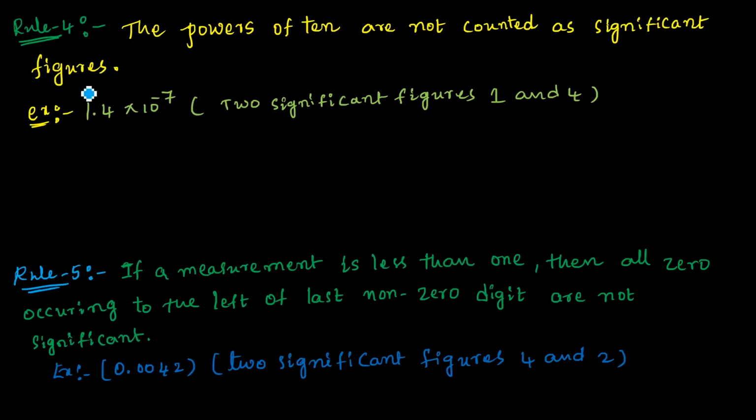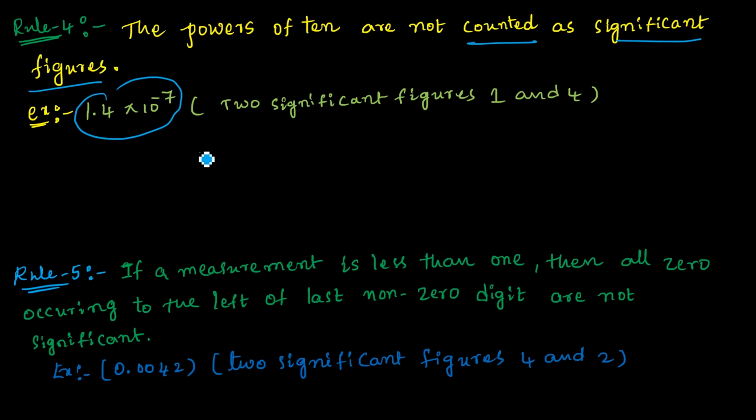Then going to rule 4: the powers of 10 are not counted as significant figures. Take the example 1.4 into 10 power minus 7. The power of 10 cannot be considered as significant figures.